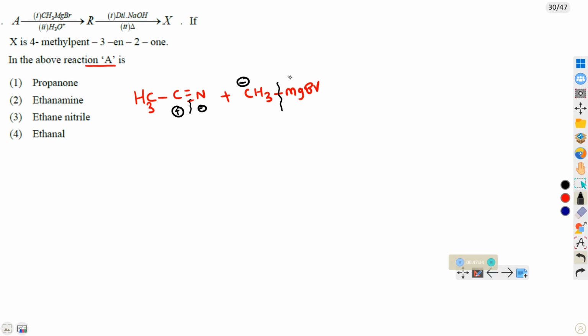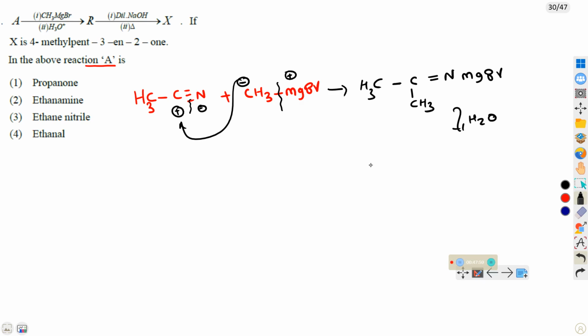The negatively charged carbon moves towards the positively charged carbon, giving CH3C(CH3) double bond NMgBr, which on hydrolysis gives CH3COCH3, a ketone.